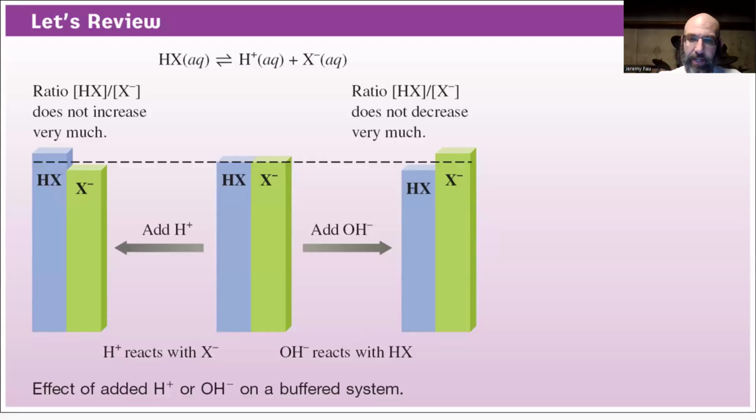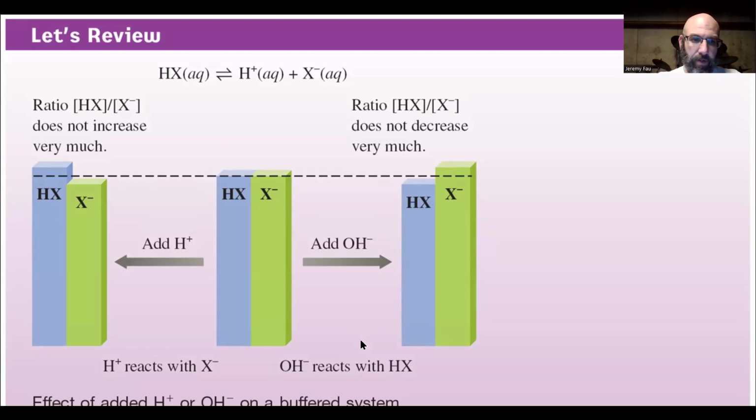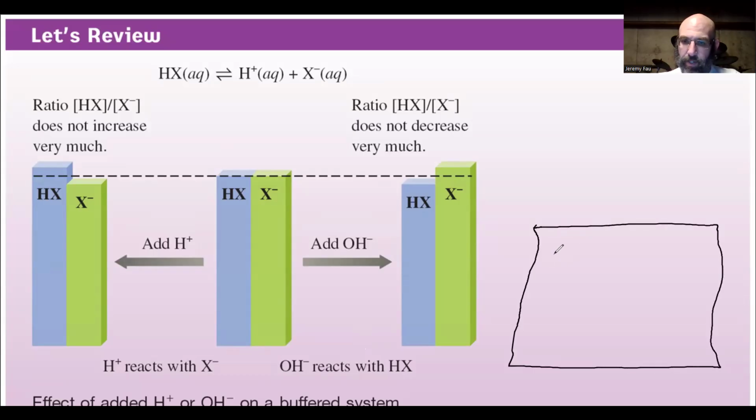I think if you look at it like a chart, maybe it makes a little more sense. Maybe we'll draw this out. So in this container, we've got some HX. Let's give us 5 HX, so that's our weak acid.